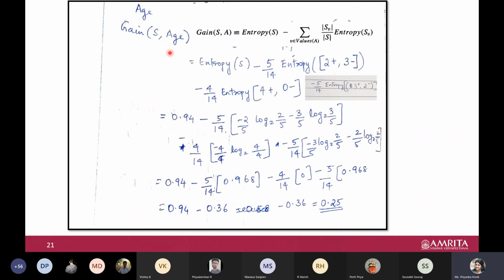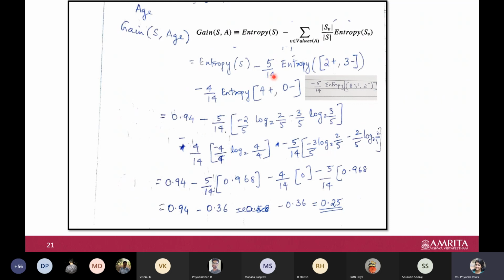So what do we do for a particular attribute called age? Entropy of S, that is the entire system's entropy, minus the first value of age. We have 3 values for age: less than 30, 31 to 40, greater than 40. Anyone you can take. Assume that I am taking less than 30.